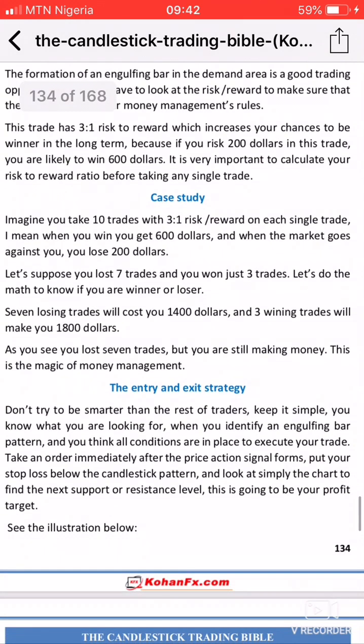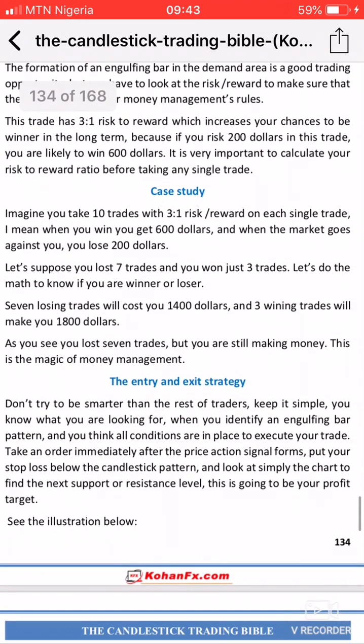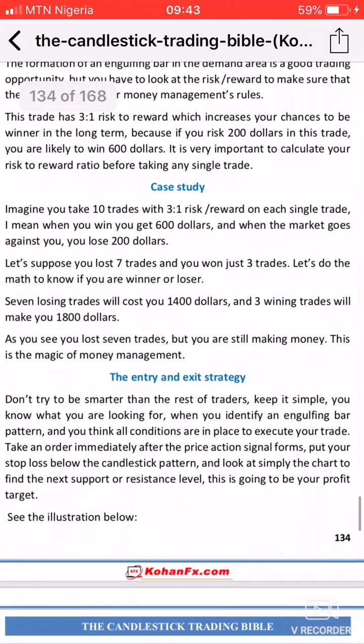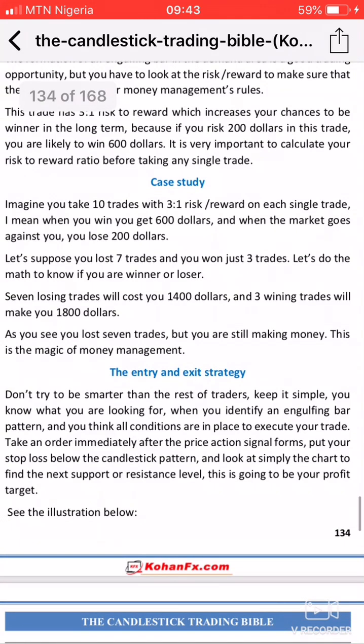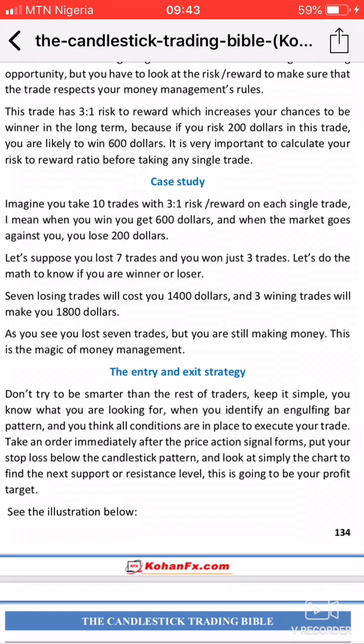The entry and exit strategy. Don't try to be smarter than the rest of traders. Keep it simple. You know what you are looking for. When you identify an engulfing bar pattern and you think all conditions are in place to execute your trade, take an order immediately after the price action signal forms.